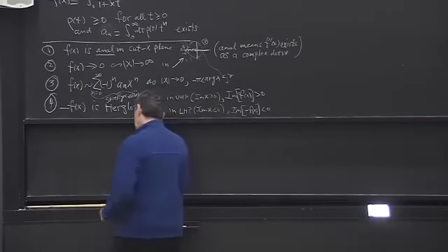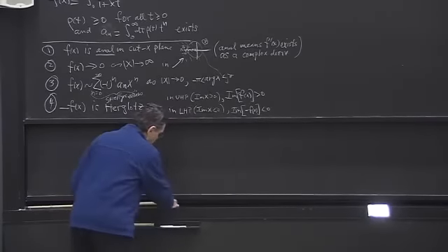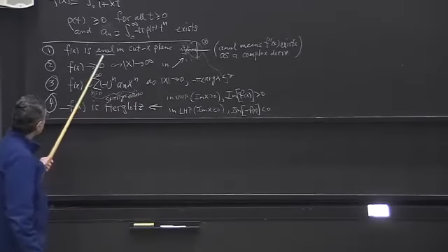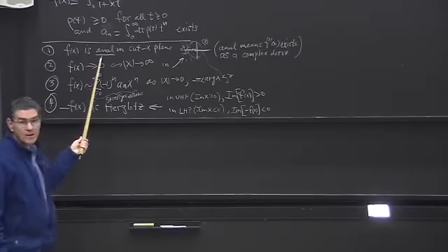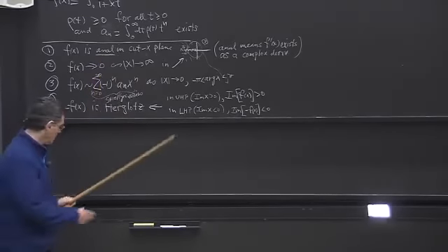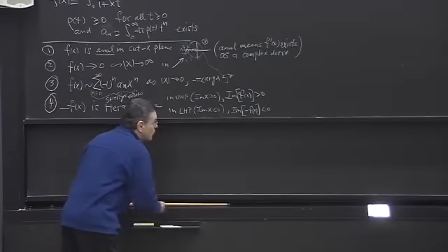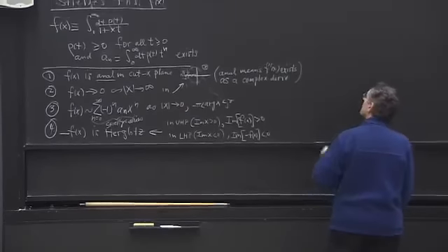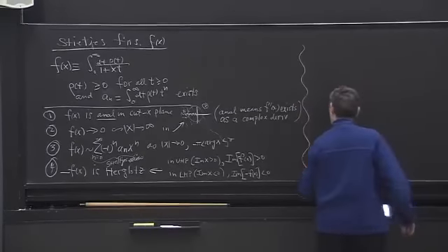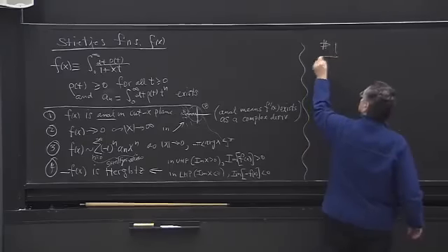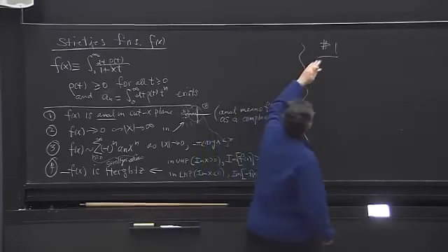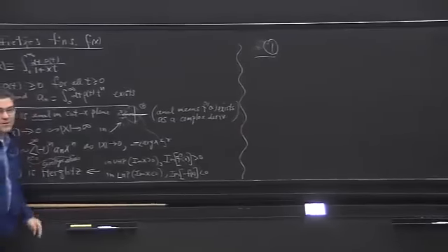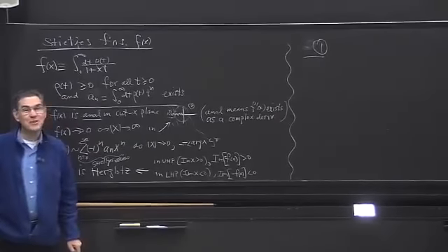So we need to say a few things. How do you prove things like this? Well, proving number one is easy. How do you establish that number one is true? Well, it's easy. You take a derivative.